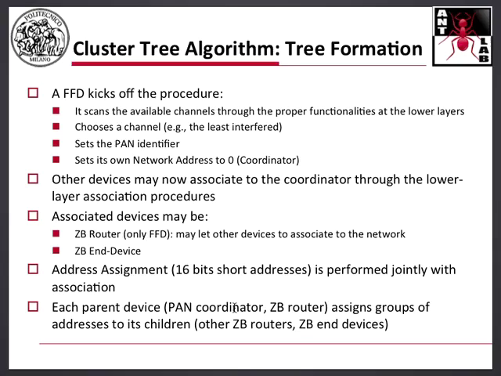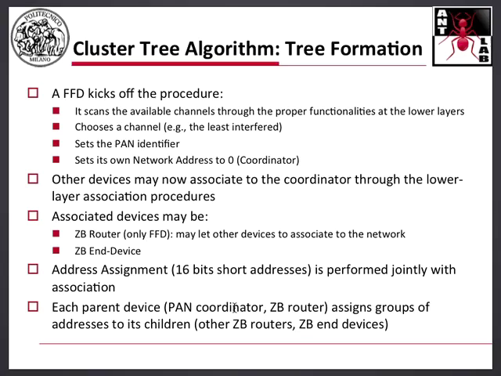Once this full function device has chosen the best channel to start up a network, it can set its own transceiver to that channel. It can decide the personal area network identifier, which is the unique ID of the personal area network according to the 15.4 specification.